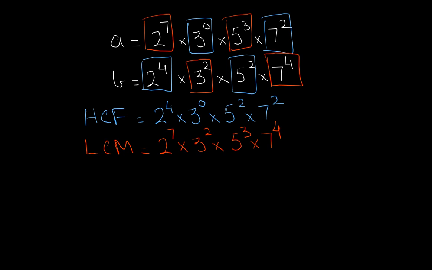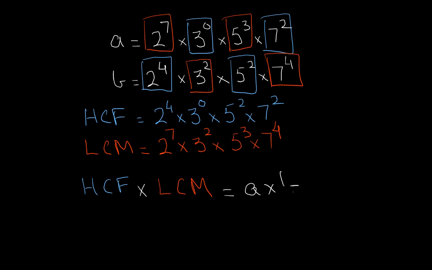But now you can clearly see that if I multiply the HCF with the LCM, I'm going to get exactly A times B, because I have taken care of all the prime factors of A and all the prime factors of B, and I'm just multiplying them.